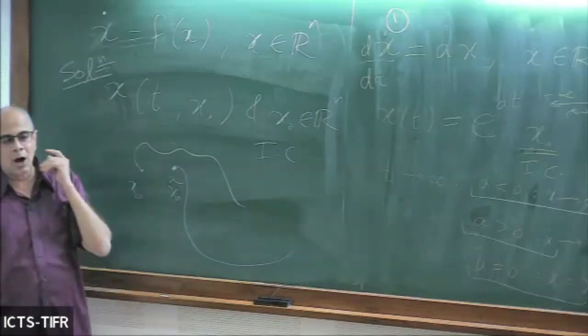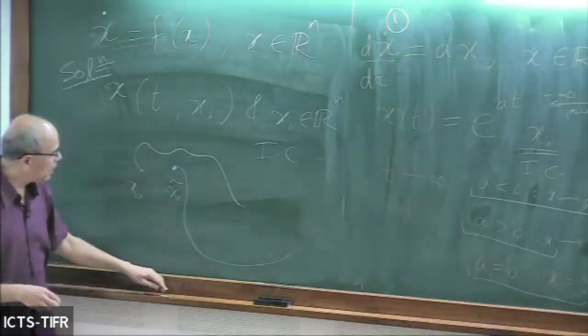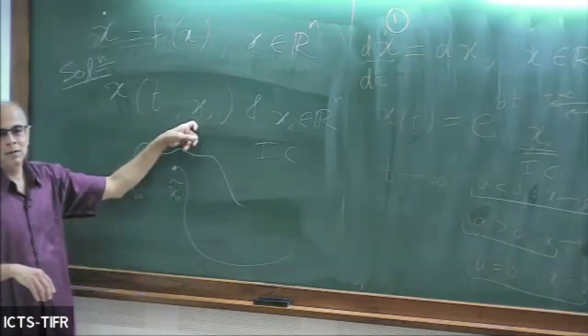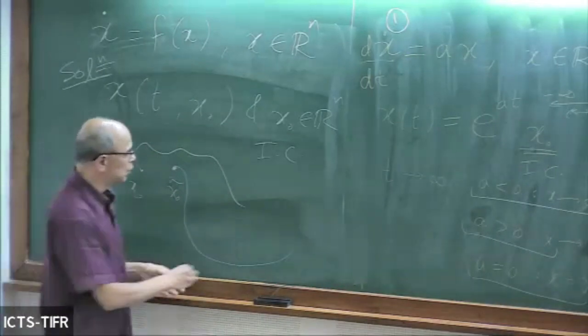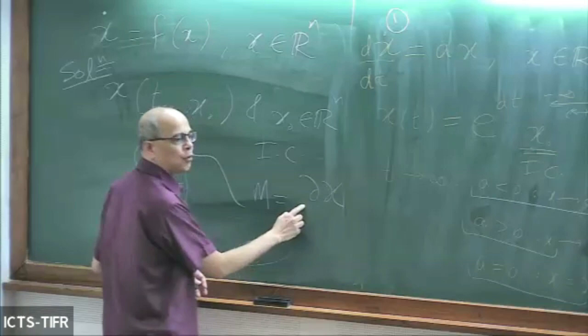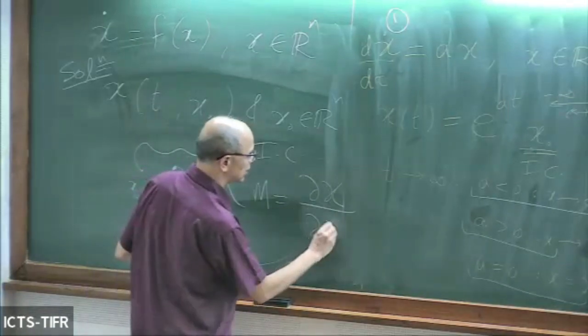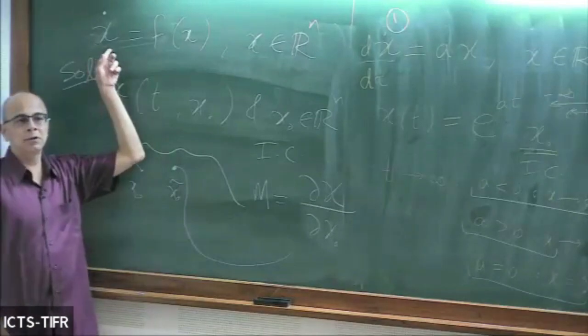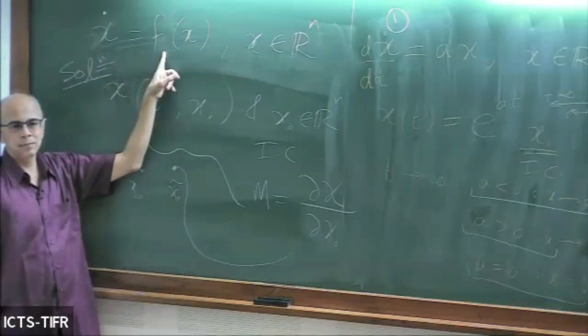And how do you understand the dependence of a function on one of its variables? Of course, the derivative. So the matrix M, which is the derivative of x with respect to the initial condition, rather than derivative with respect to time. The derivative with respect to time is f of x.